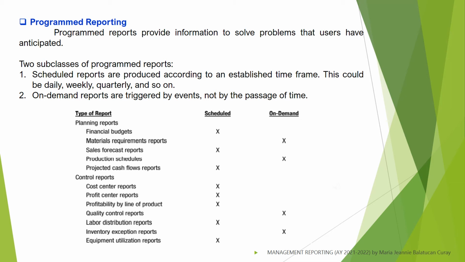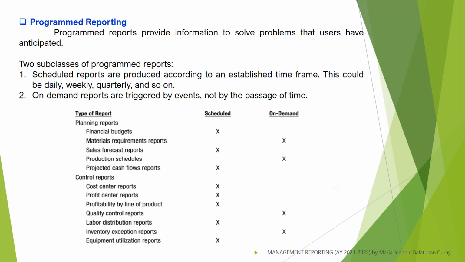So as per illustration, we have the types of report classified as scheduled and on-demand. For planning reports, the financial budget, sales forecast reports, and projected cash flow reports are considered scheduled reports, while materials requirement reports and production schedules are on-demand.